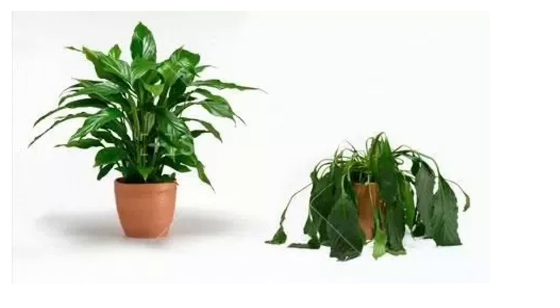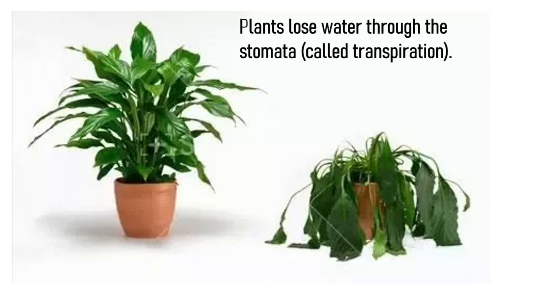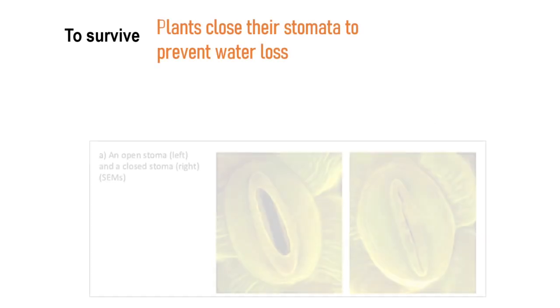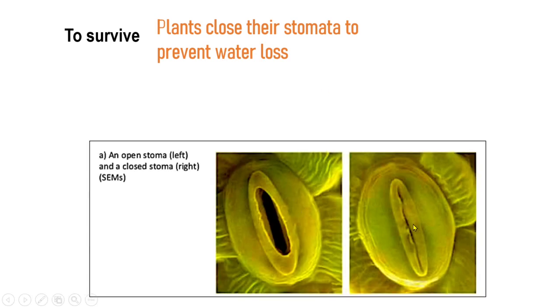Now, going to the next topic, which would be the alternative pathways. We have here important things. One thing that we have to take note of is that plants lose water through the stomata, and this is called transpiration. If there's too much transpiration, the plant will die. So for the plant to survive, it needs to close its stomata, as you can see over here.